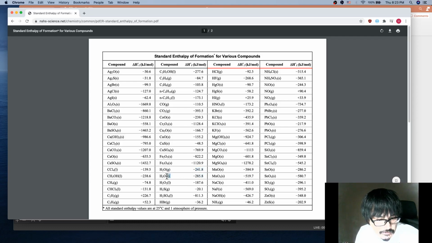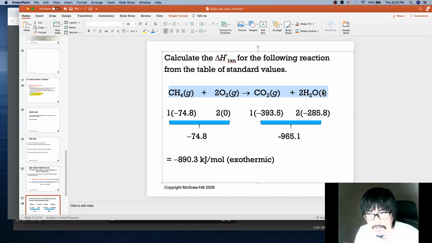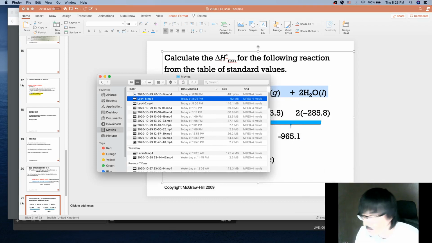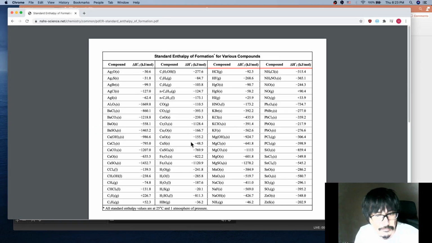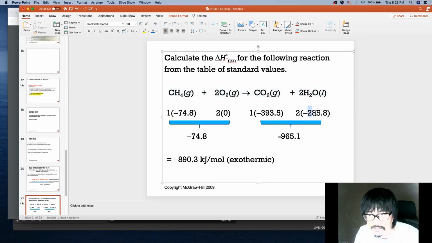One is gas, one is liquid, so be careful with the state they're in. This one is liquid, so I'm going to use the value 285.8, negative 285.8, and I have two of those, so multiply by 2.